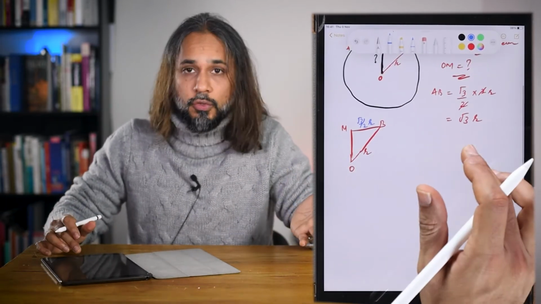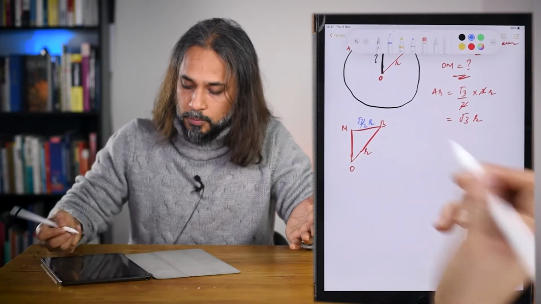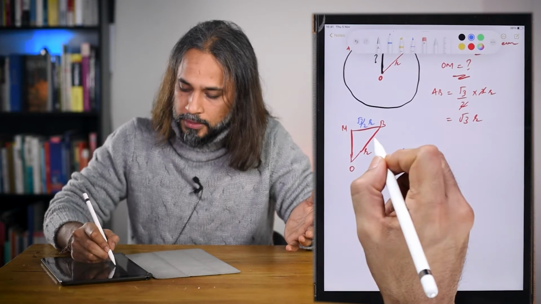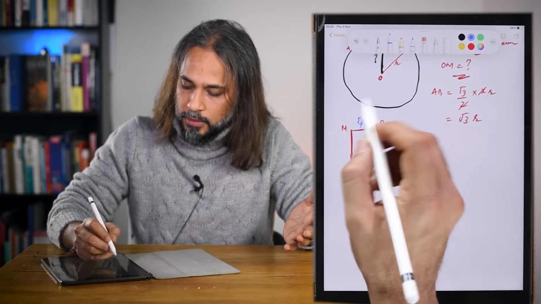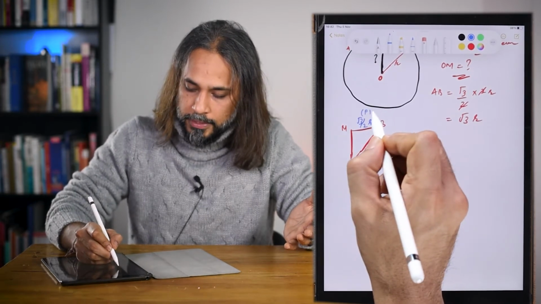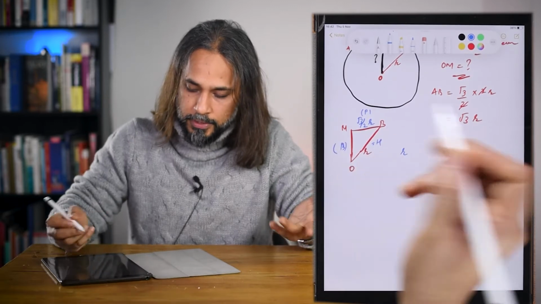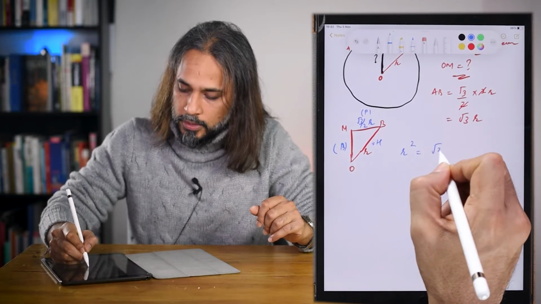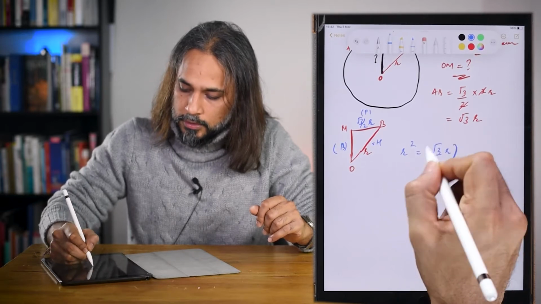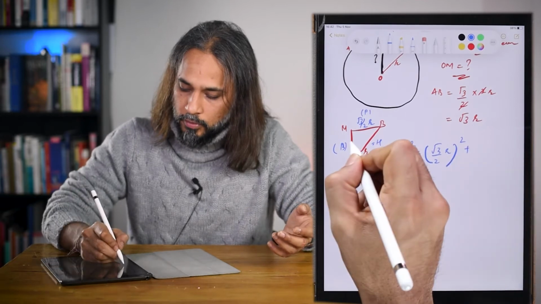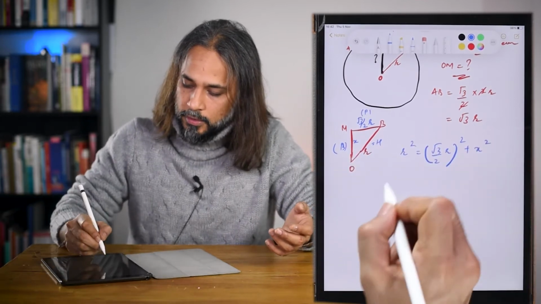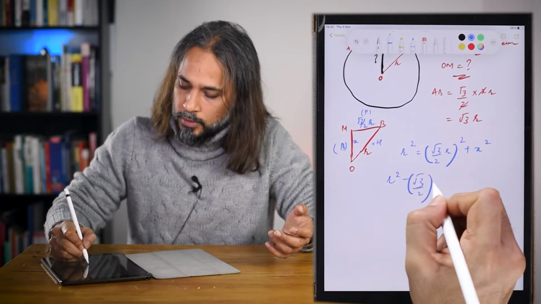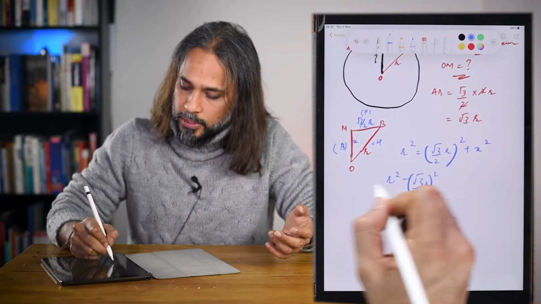The obvious thing that you do is put the Pythagoras theorem. This is the hypotenuse, and this is perpendicular or base, whatever you want. So R square is equal to root 3 by 2 R whole squared plus the value of OM, let's say X square. So X is the square root of R square minus root 3 by 2 R whole square.